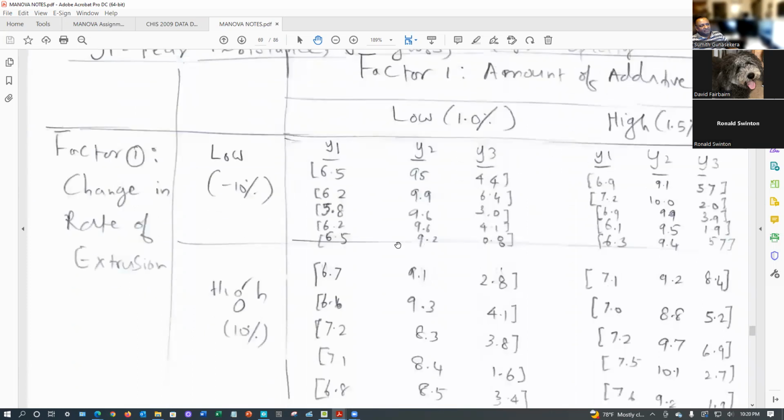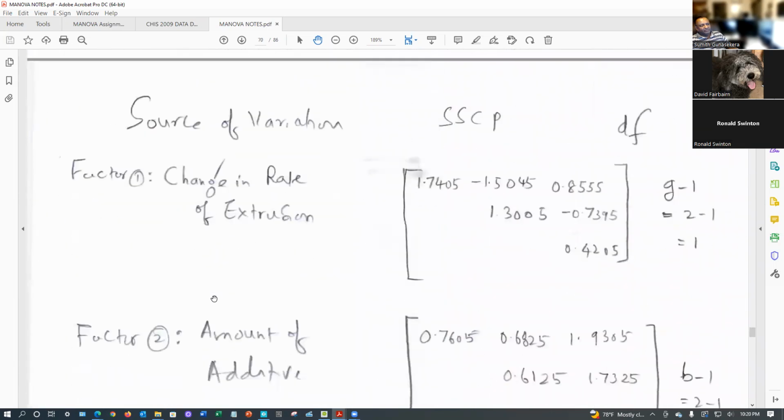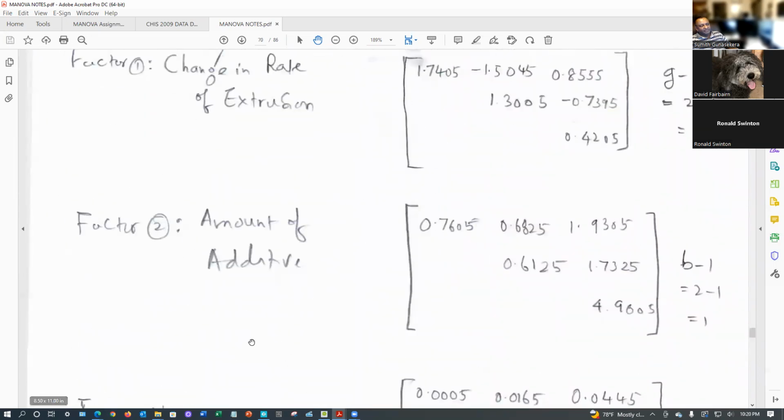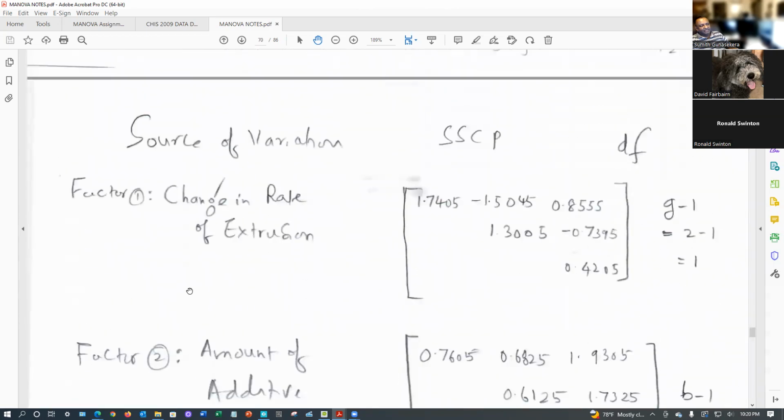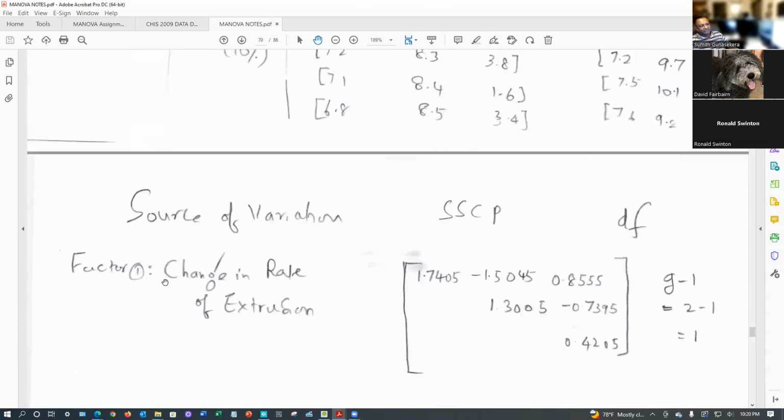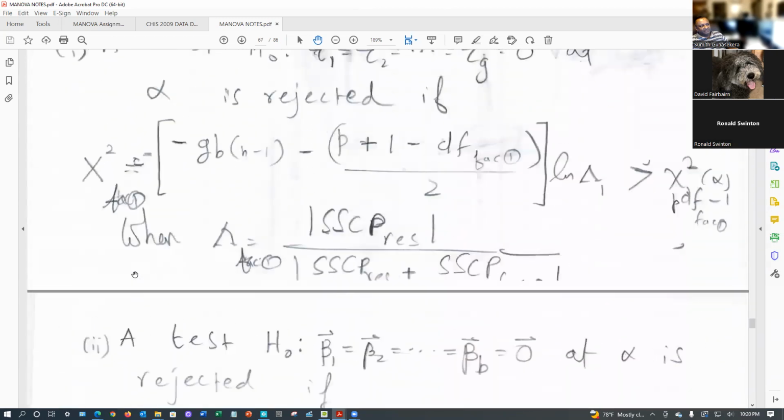If you run it, it comes out like this in a table, and in addition you get an interaction term.